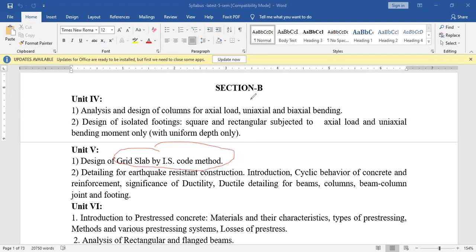You do not want it because of certain aesthetic point of view or certain architecture point of view. In that case, you can go ahead with this kind of grid slab. That's the reason it has been placed.